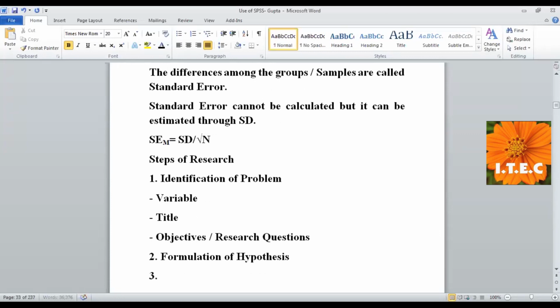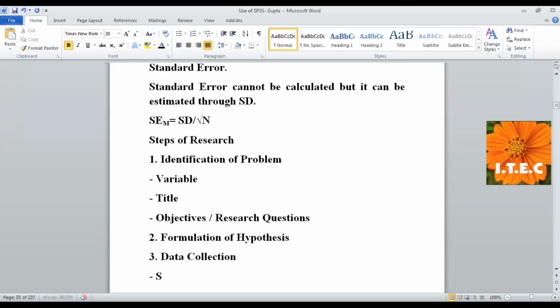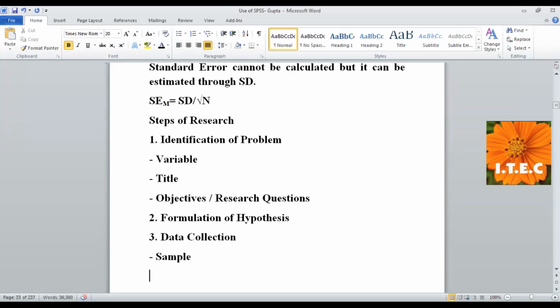And the third was data collection. And in data collection, I have already explained you the sample. Now, once you know that you have to collect the data from here, then you should know which tool to be used.